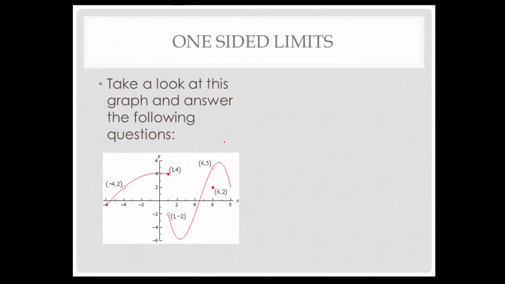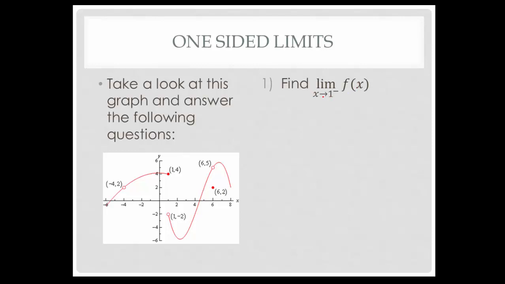So take a look back at this graph and go with these questions this time. It's the same one we dealt with before. We already talked about the limit as x approached -4 on the function and the limit as x approached 6 on the function. So now let's talk about this one. Find the limit as x approaches 1 from the left on this function.